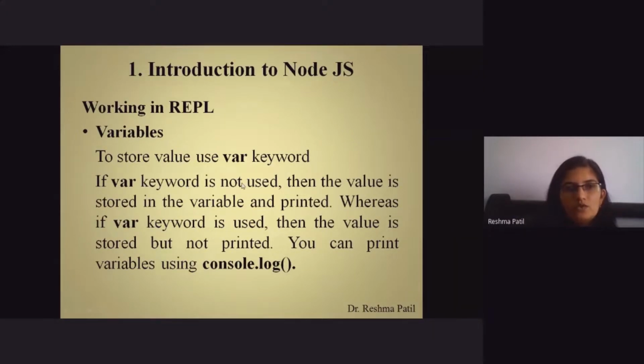If the var keyword is not used, then the value is stored in the variable and printed. Whereas if the var keyword is used, then the value is stored but not printed. If you are using the var keyword, then the value will be directly stored into that variable, but it is not going to be shown to the user. If you want to show that value to the user, then you can print that value by using console.log.